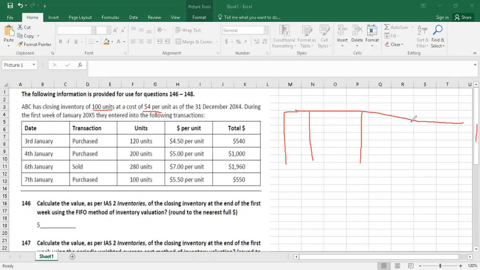After that, we see that there are 3 sets of columns. One set of columns is for purchases, goods that are received. Another set of columns is for sale. And finally, we would see what is the balance.